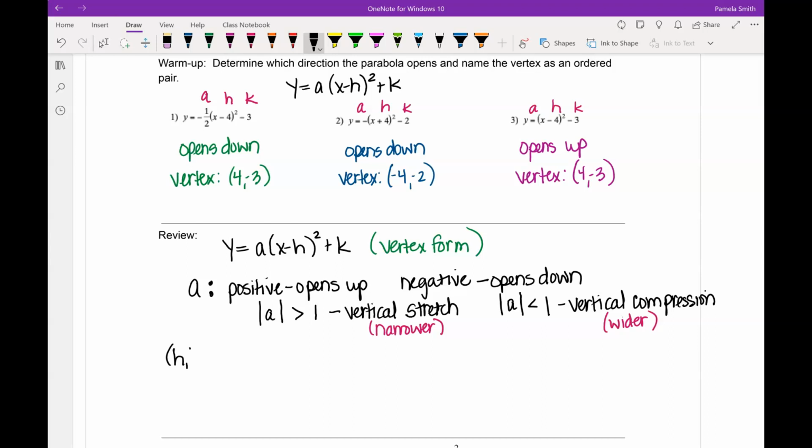The ordered pair H, K is the vertex of the parabola.